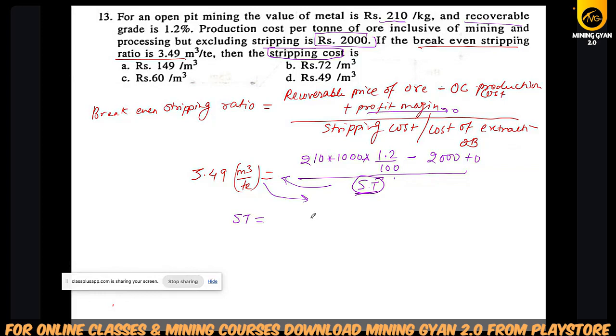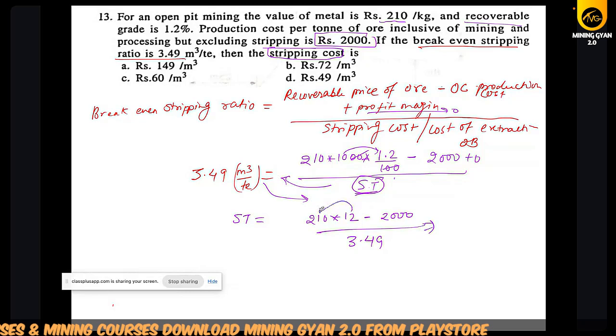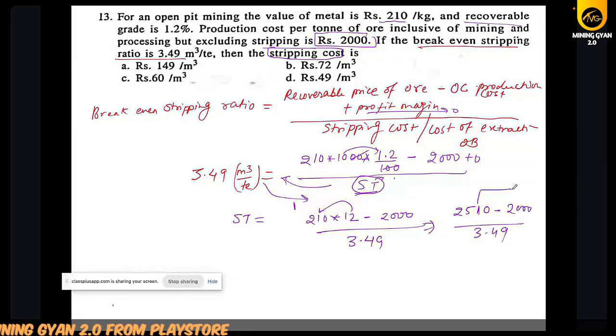So we will cut down 20, it will multiply with this 210 multiplied by 1.2 minus 2000 divided by 3.49. So you can directly multiply with 12. So 12 into 21 is 252, minus 200 divided by 3.49.